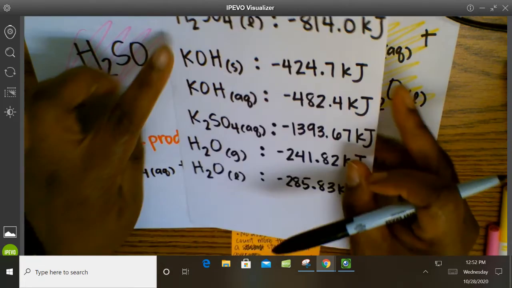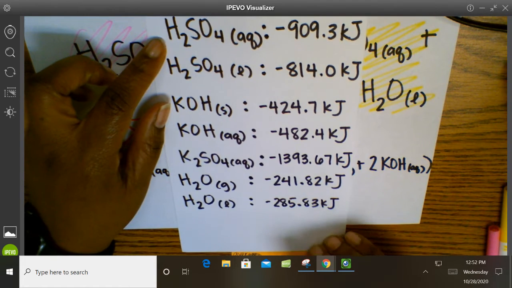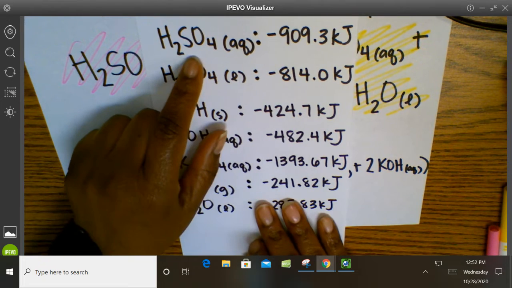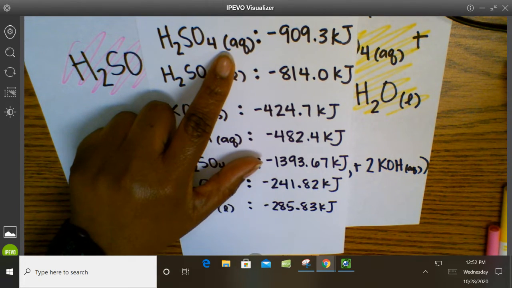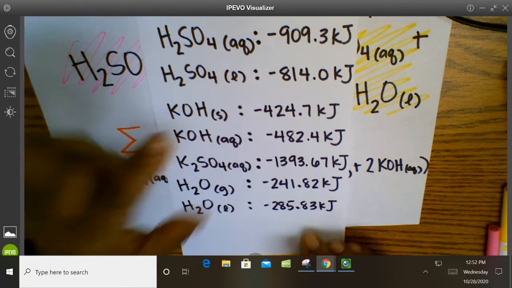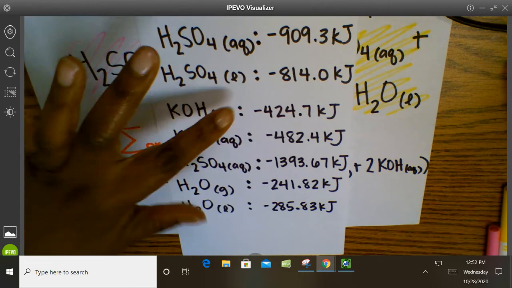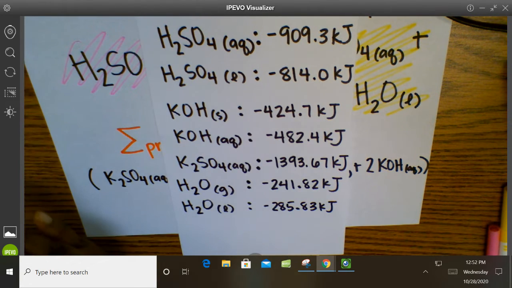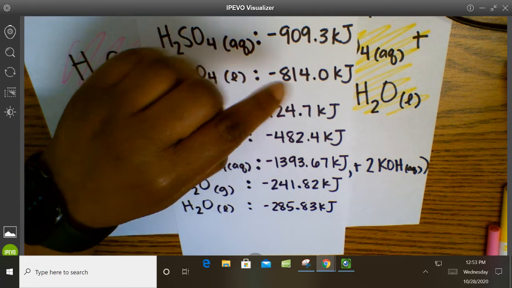All right, so this is where you need the table with the values, and you also need to pay attention to what the physical state is, because if you look here, H2SO4, where there is aqueous, so it's a solid that's dissolved in water, or if it's in its liquid phase where you just have the substance itself, the delta H values are different.